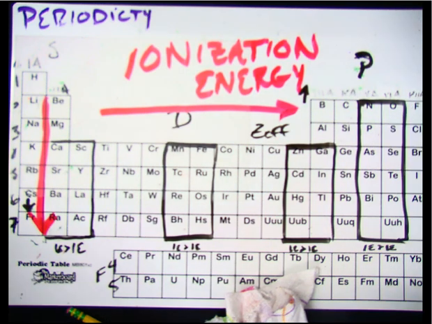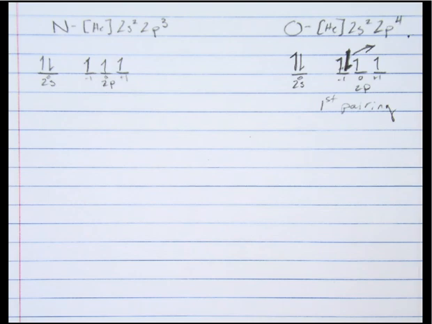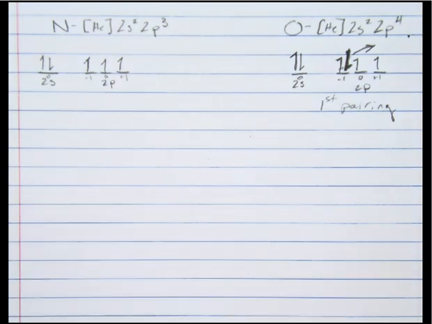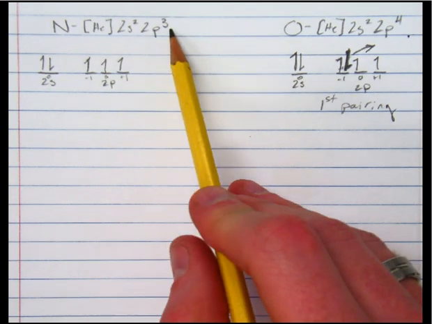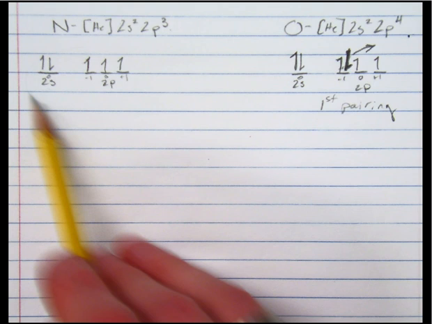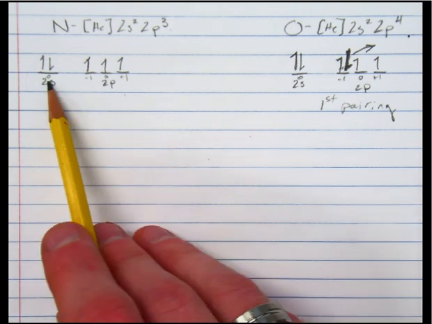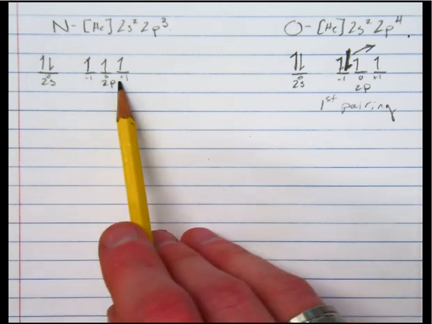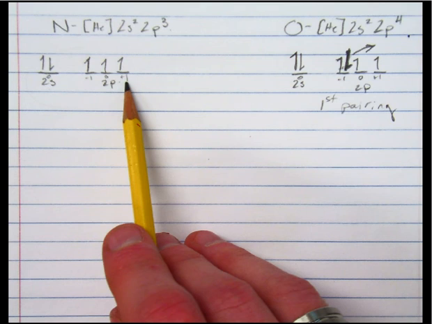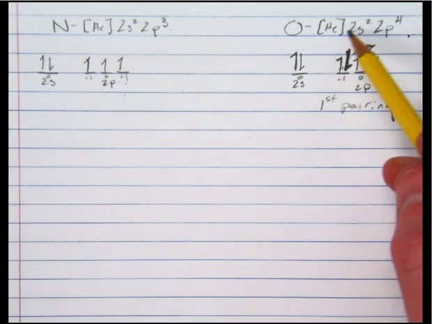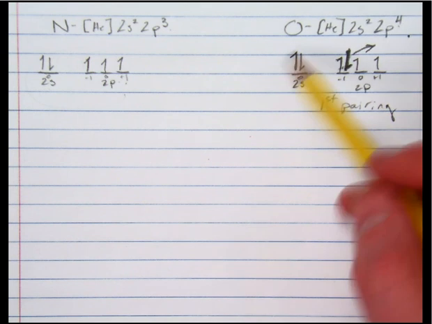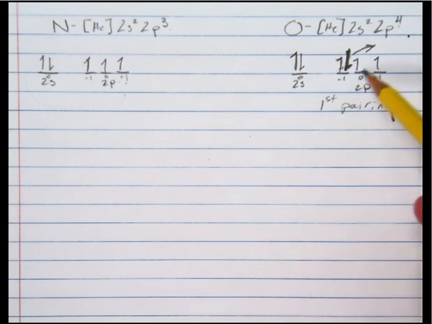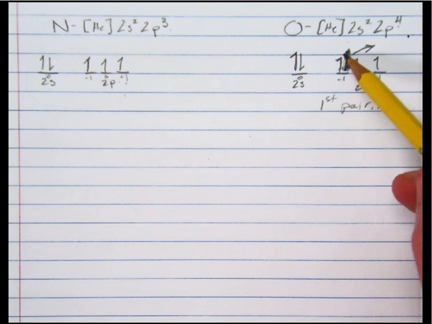Well, if we look at the electron configuration of nitrogen versus oxygen, nitrogen would be helium 2s2, 2p3. It would have an orbital configuration of 2 ups in its s, and then 3 ups in its 2p orbital. Oxygen would be helium 2s2, 2p4. 2 ups in its s, and then up, up, up, and then a down.